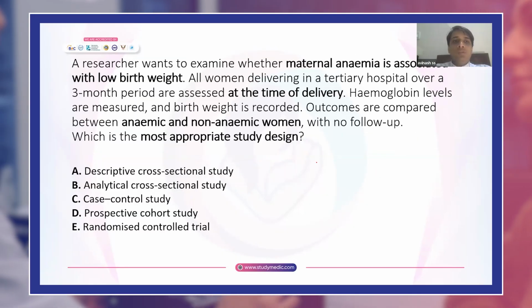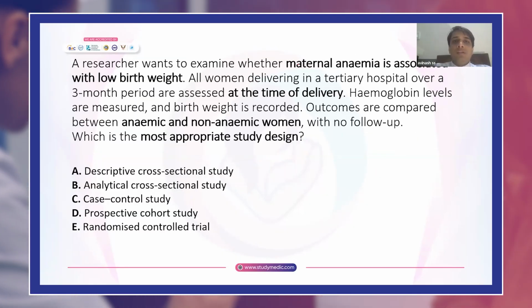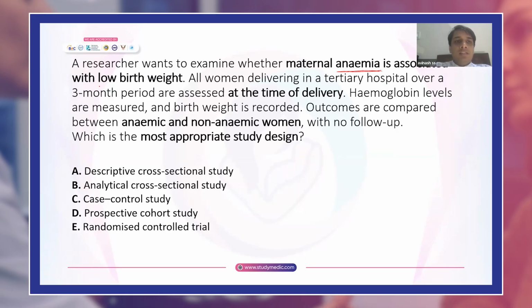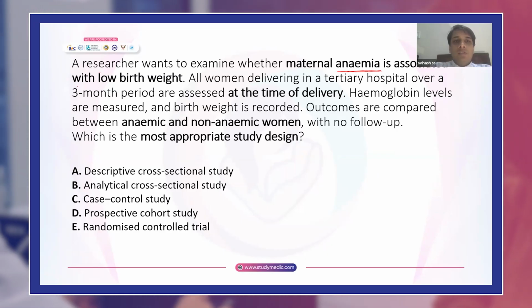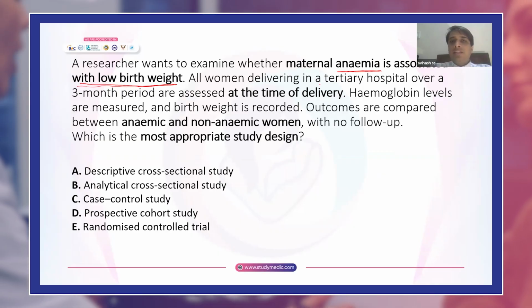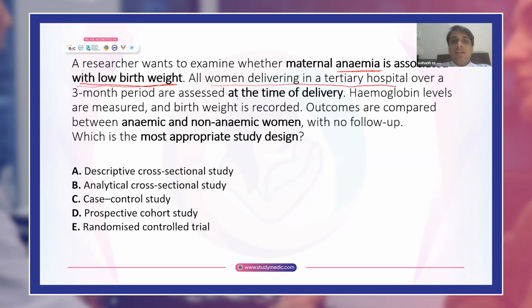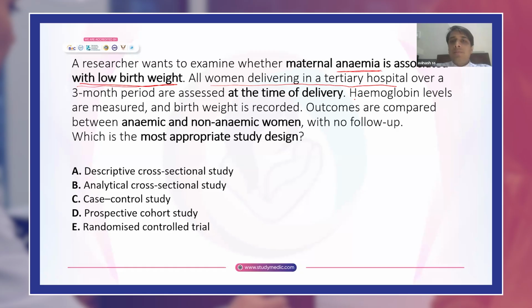Now, if we contrast it with another question: a researcher wants to examine whether anemia, that is the hemoglobin percentage, is associated with low birth weight or not. To do that, the sample is all women delivering in a tertiary care hospital over a 3-month period, assessed at the time of delivery.